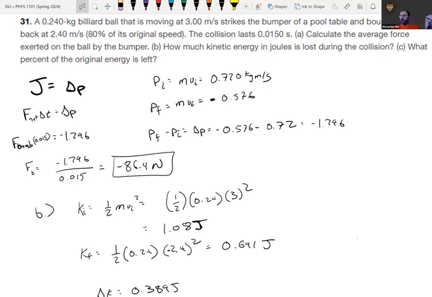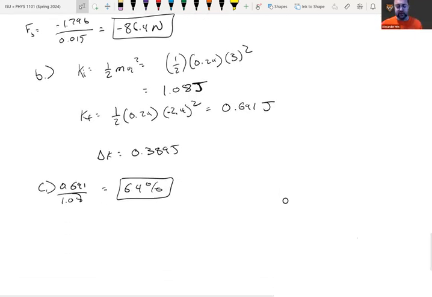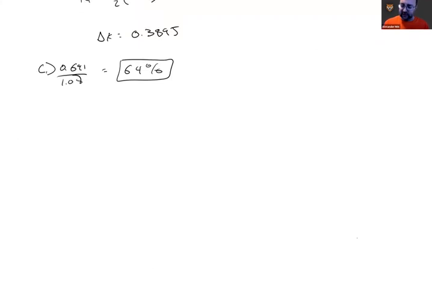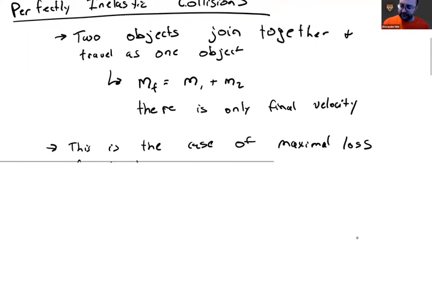The only thing that changed is the speed. If the speed is at 80% of its original, then you're down to 64% of your original kinetic energy.